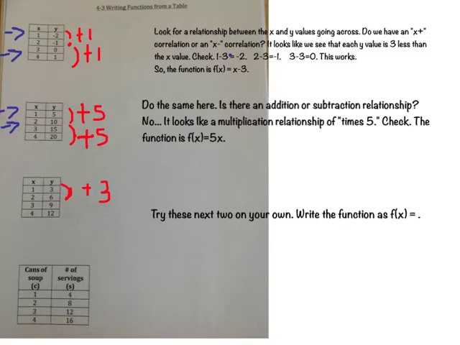My screen is scratched a little, so I apologize if this is messy. For that first one, we would have f of x equals 3x. 1 times 3 is 3, 2 times 3 is 6, 3 times 3 is 9. That one works.